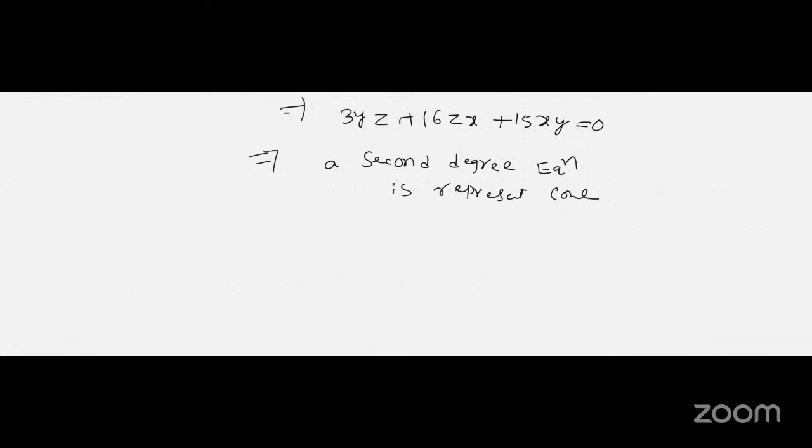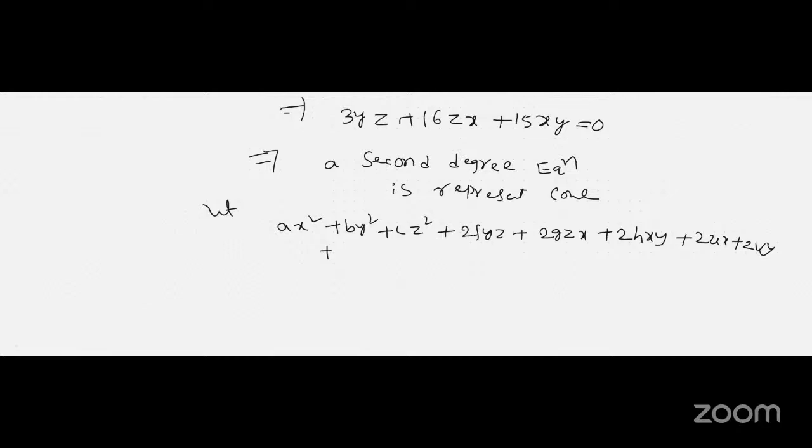Let me take one second degree equation: ax square plus by square plus cz square plus 2fyz plus 2gzx plus 2hxy plus 2ux plus 2vy plus 2wz plus d equal to 0.